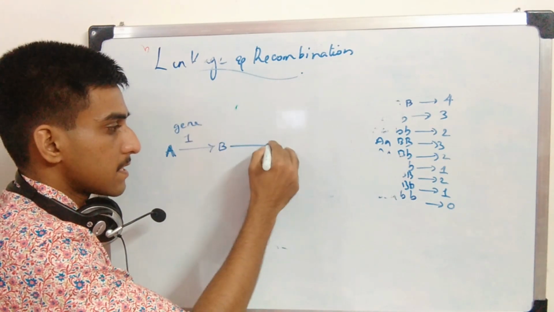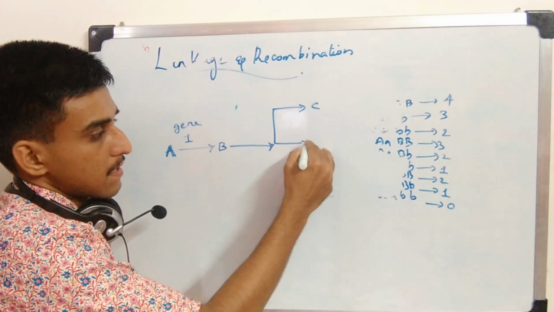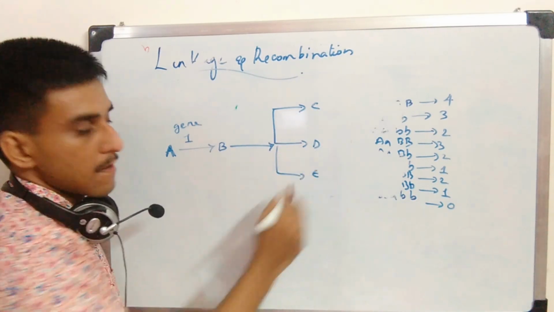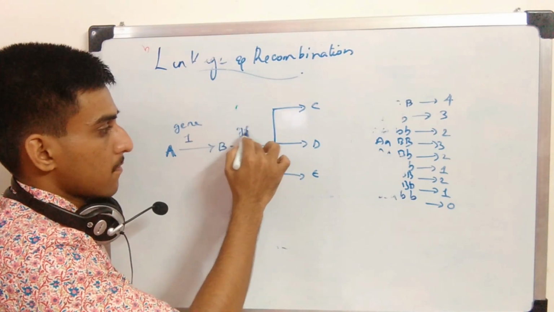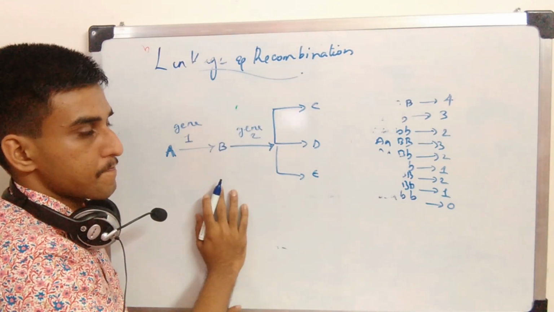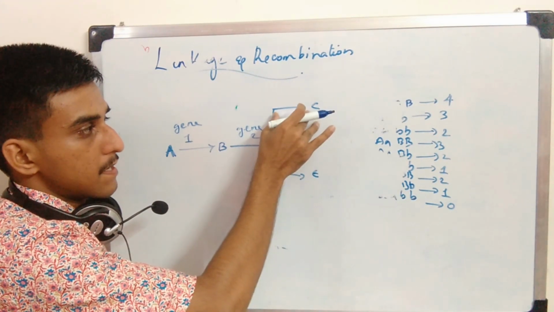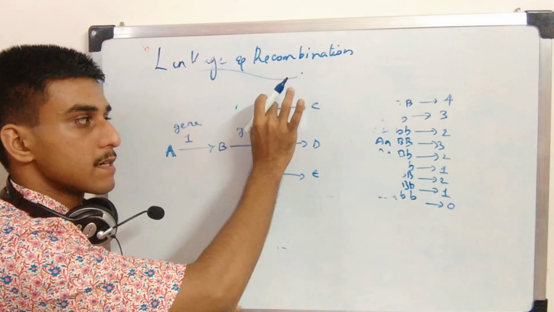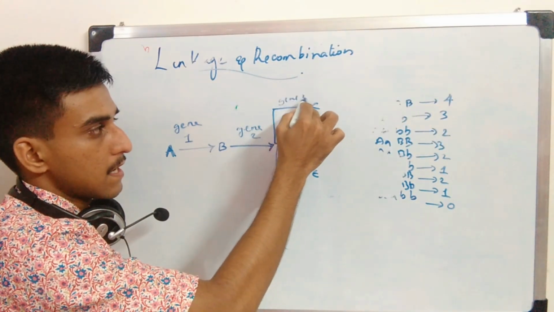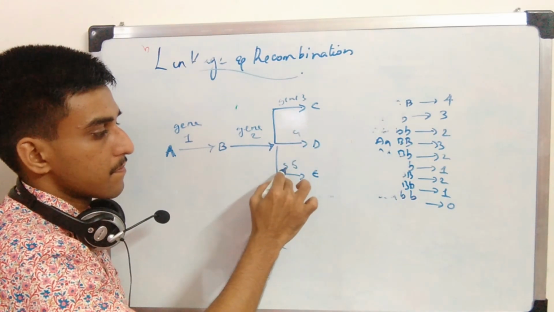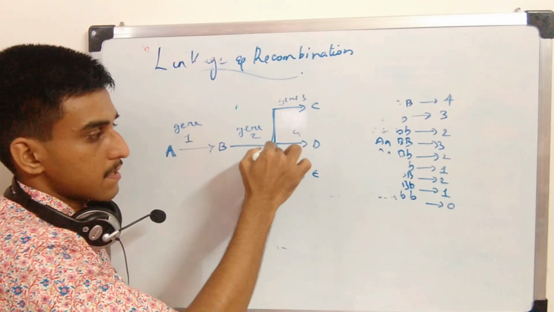And B is converted into several other products C, D, E with the help of gene 2. Okay? And there will be an intermediate product. The intermediate will be converted into the final product with the help of gene 3, 4, 5. Just consider it. Okay? Consider here there is an intermediate.